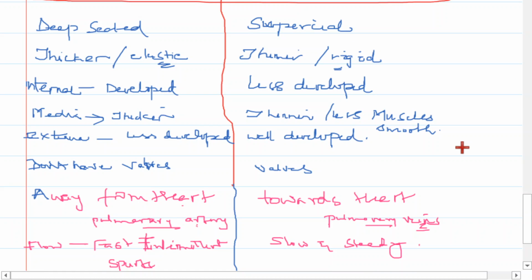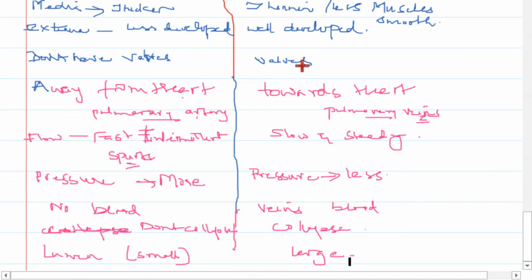So if you go over it one more time, the arteries are deep-seated. That means they're way inside, and the veins are superficial. Arteries are thicker and more elastic, and veins are a bit thinner and rigid. The smooth muscle layer of the three layers is well developed in the arteries than in the veins. And veins have valves, arteries don't have them.